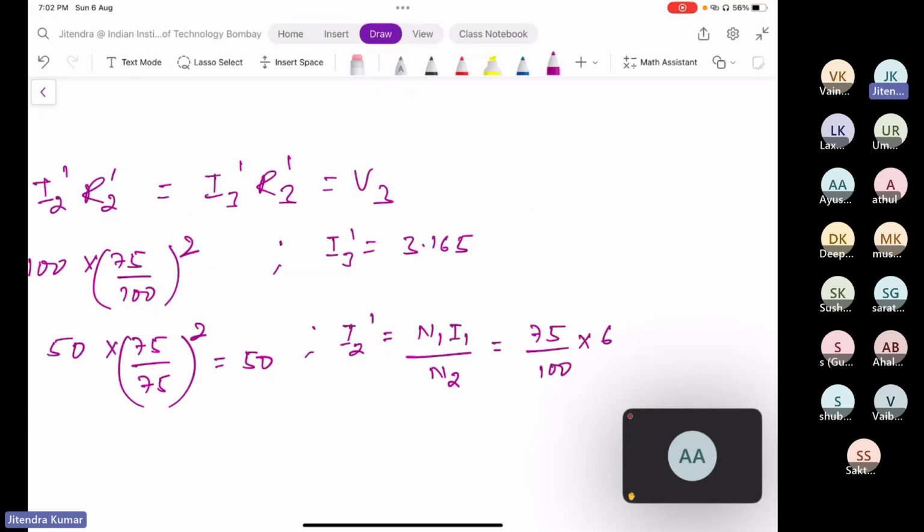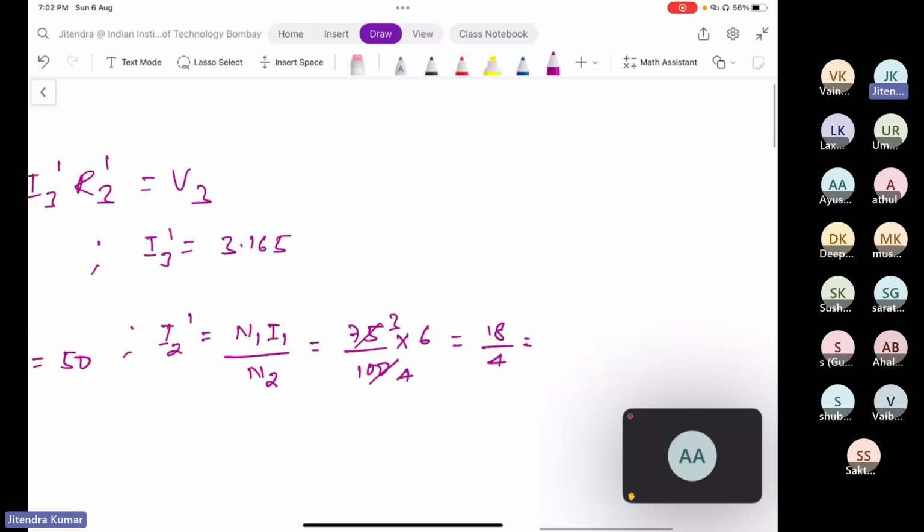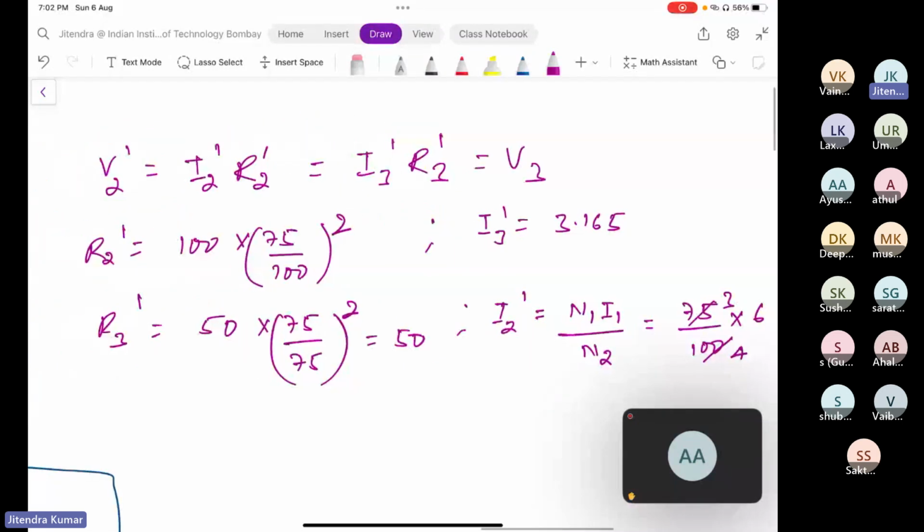So 3 by 4, 18 by 4, 18 by 4 is 4.5. I2 dash is 4.5 ampere. So we just need the value of R2 dash. We will find 56.25, sir.